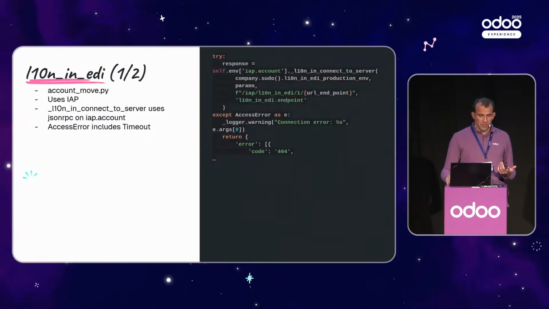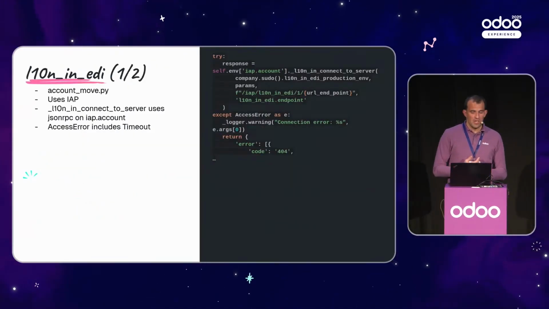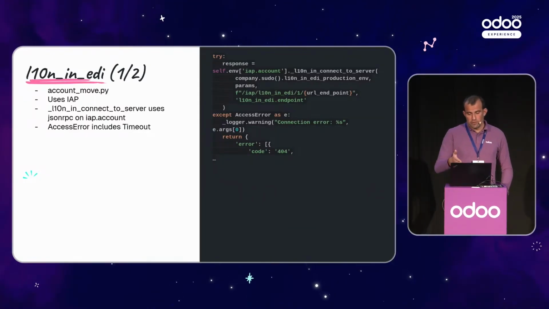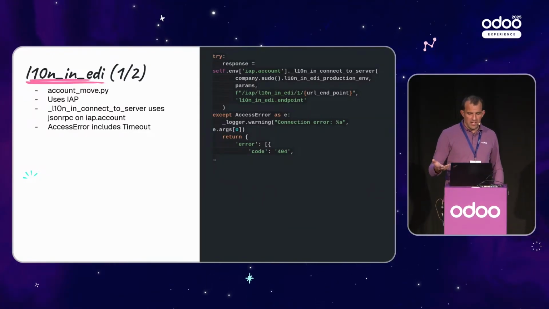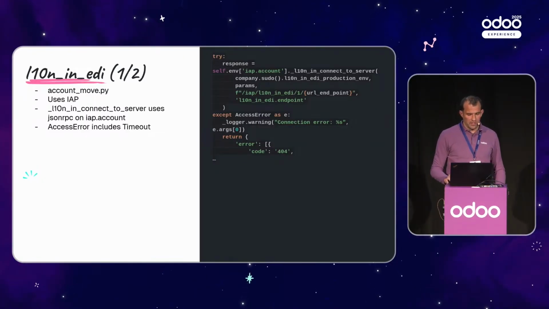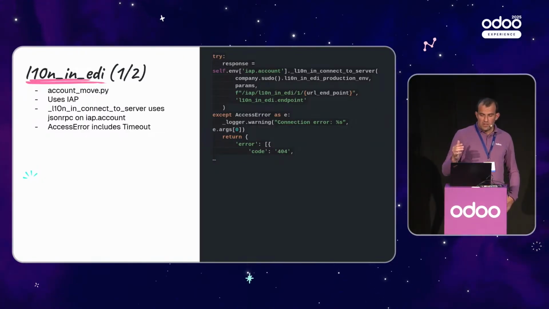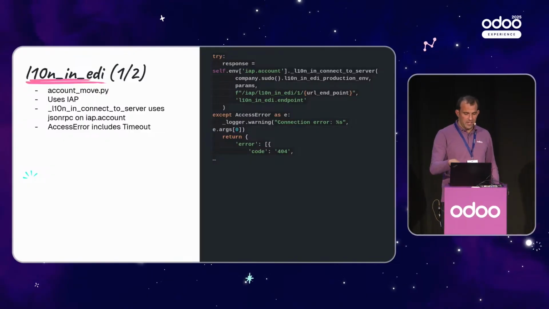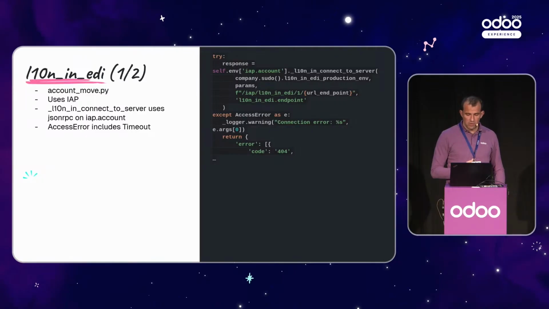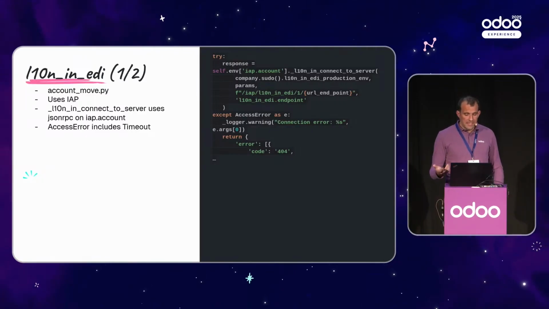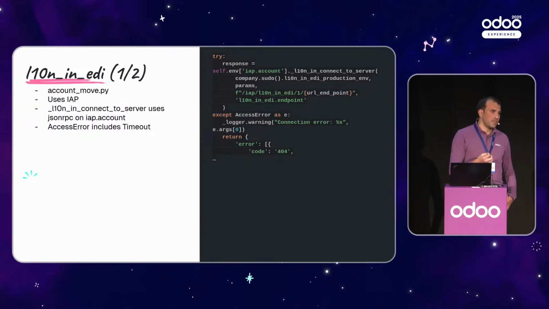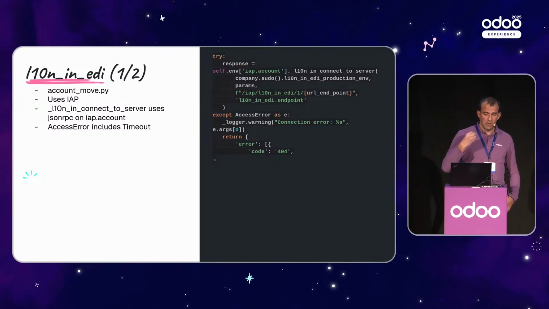I will give some examples. Here, for example, for the Indian EDI, it's connected to our IAP proxy, but then also to the Indian service. And there we have a JSON RPC method that we use on the IAP account, and if the access error includes the timeout, so if it times out, it will give an error.